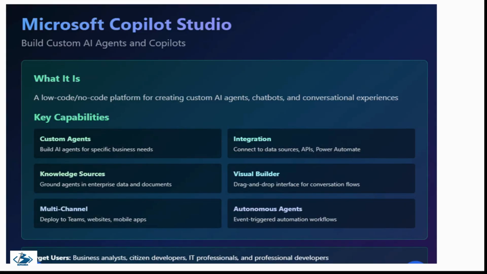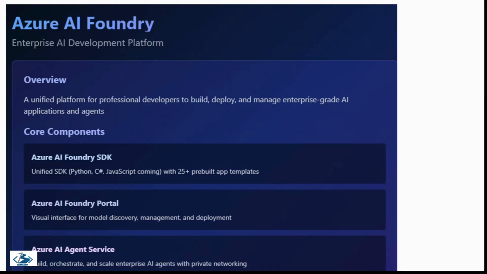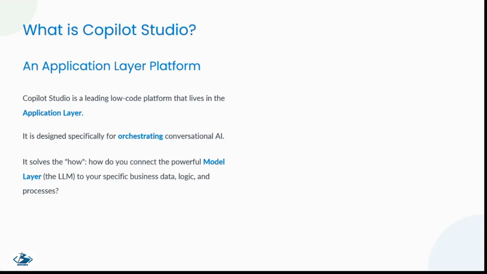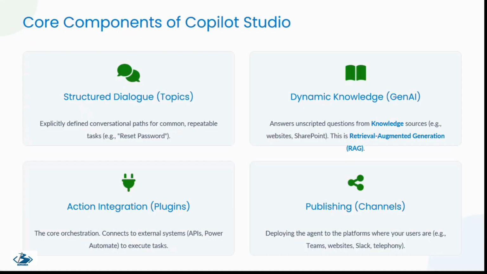Whereas in Azure AI Foundry, you need to build most of the functionalities yourself. So it is powerful, but it really is time consuming. Like I said, it's an enterprise AI development platform. It is really powerful, but it requires a lot of effort from you. It is not a low-code or no-code platform. All right.